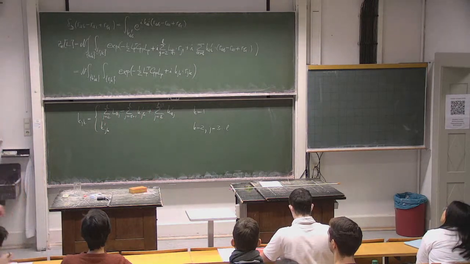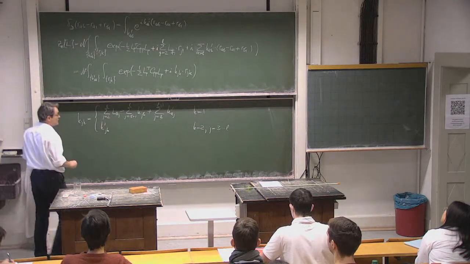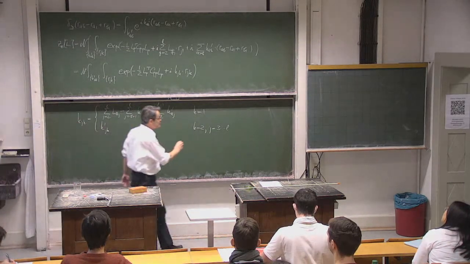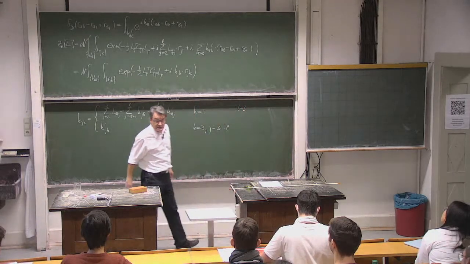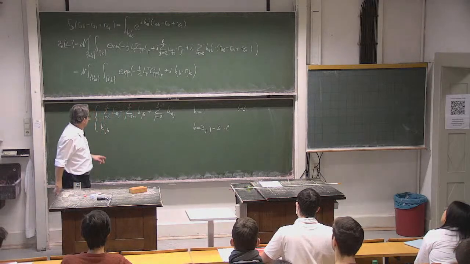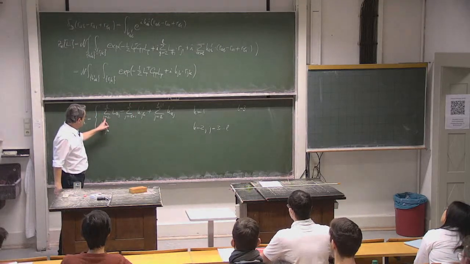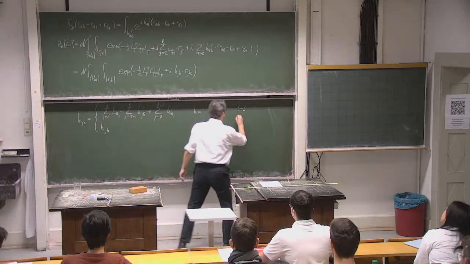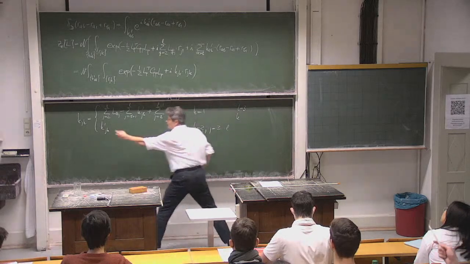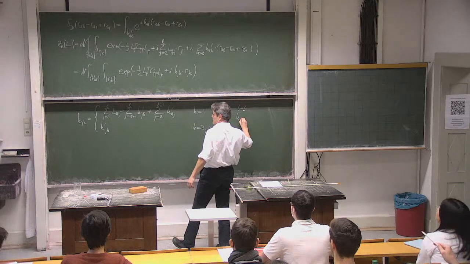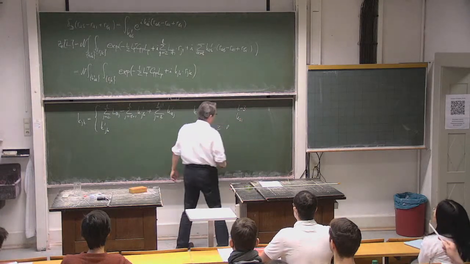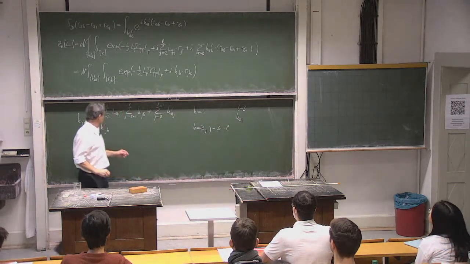All right. This looks like an awkward scheme, but suppose you have L equals 3, just as an example. Then you have K2,1.